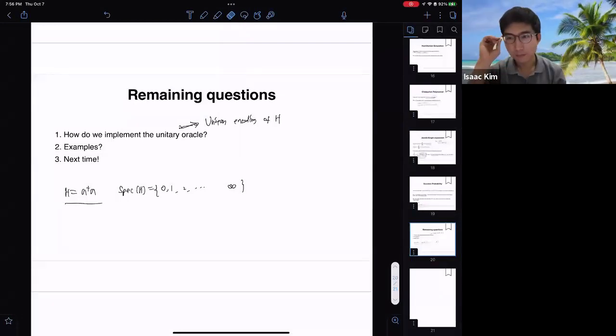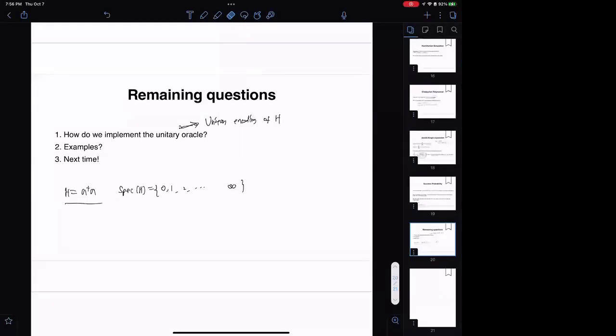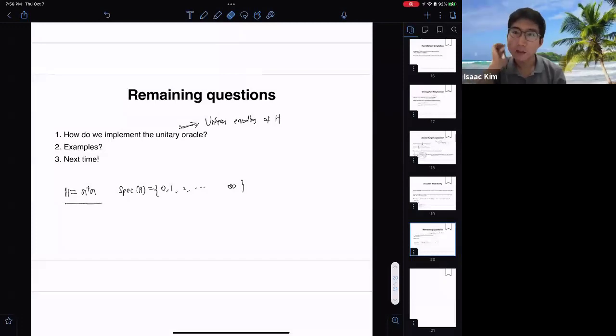It was intimidating, but after listening to today's lecture, I feel like this is rather easy. I mean, there are some details. For instance, I didn't tell you how to prove the converse, so that's a non-trivial thing.